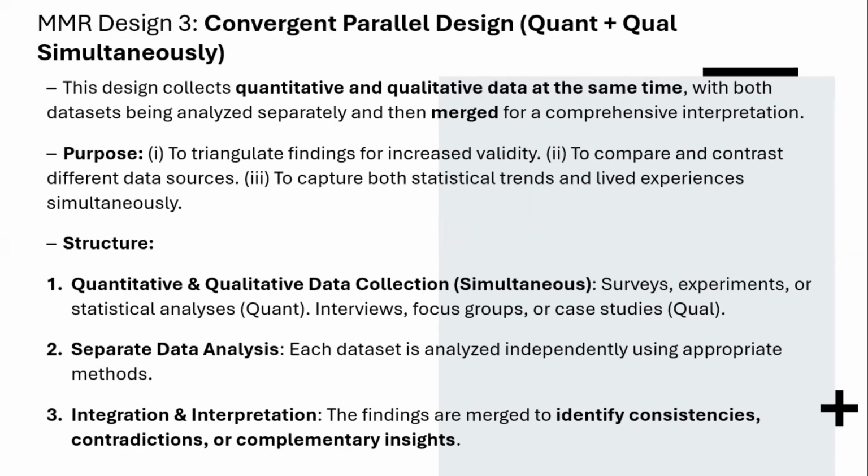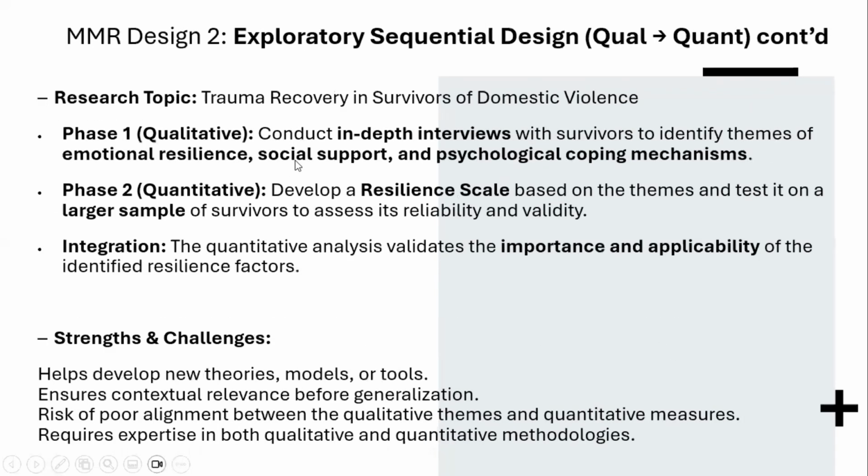The third design. Yes, Douglas, go ahead with your question. Thank you. So, in the example that you've given, what really is the benefit of the quantitative design that follows? Is it to make sure that you can find objective, verifiable information that can be extended to the general population?